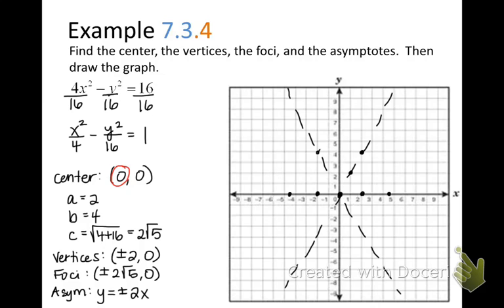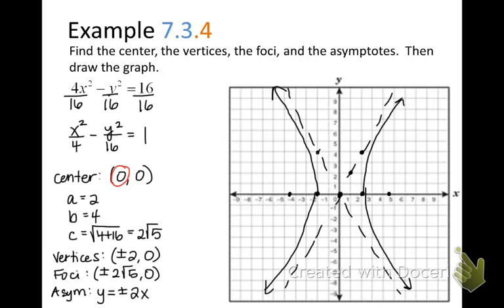You just need to go out to your asymptote. So I'll start sketching this, go through my vertex, but then follow out to the asymptotes on either side, right? Whoa. Sorry about that. So it looks something like that.